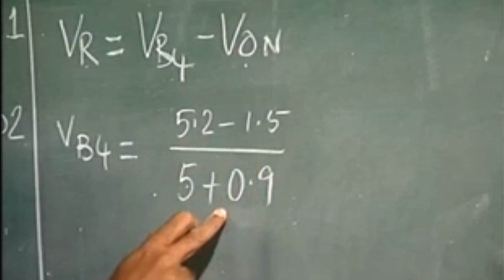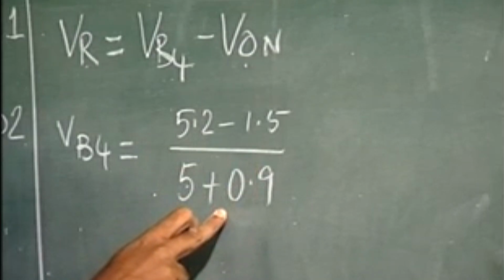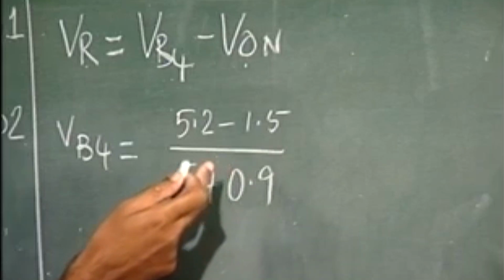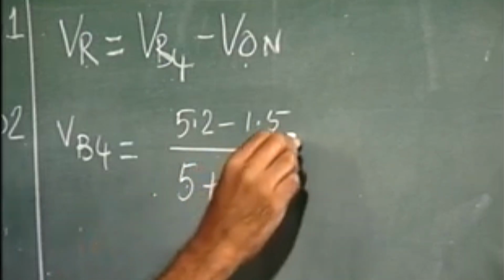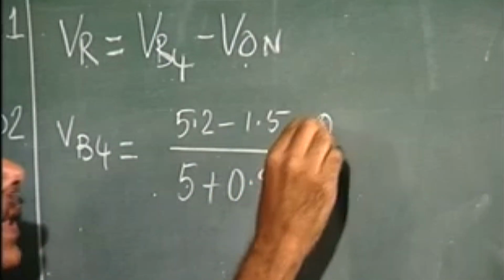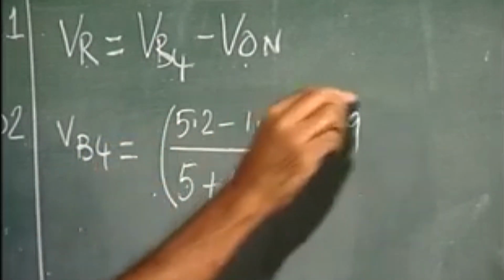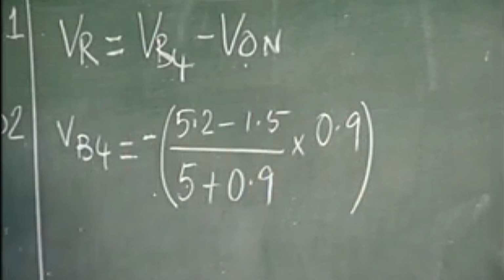So this gives the current in milliamperes, and the drop across the 0.9K is going to be this. So this is the drop across that resistance, minus of that is the voltage at VB4.